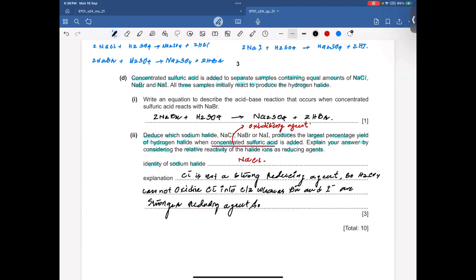So they can easily oxidize into bromine and iodine respectively. Okay, that's the end of question number 1.